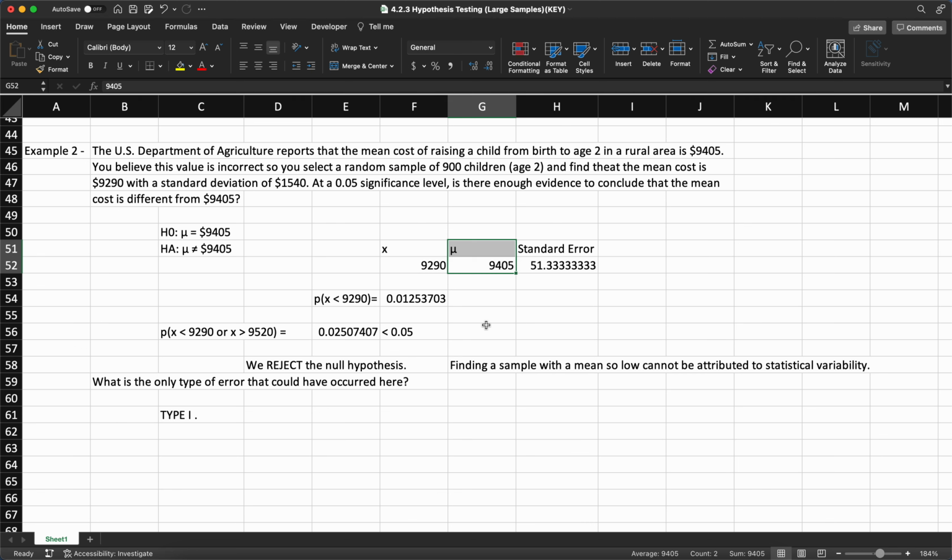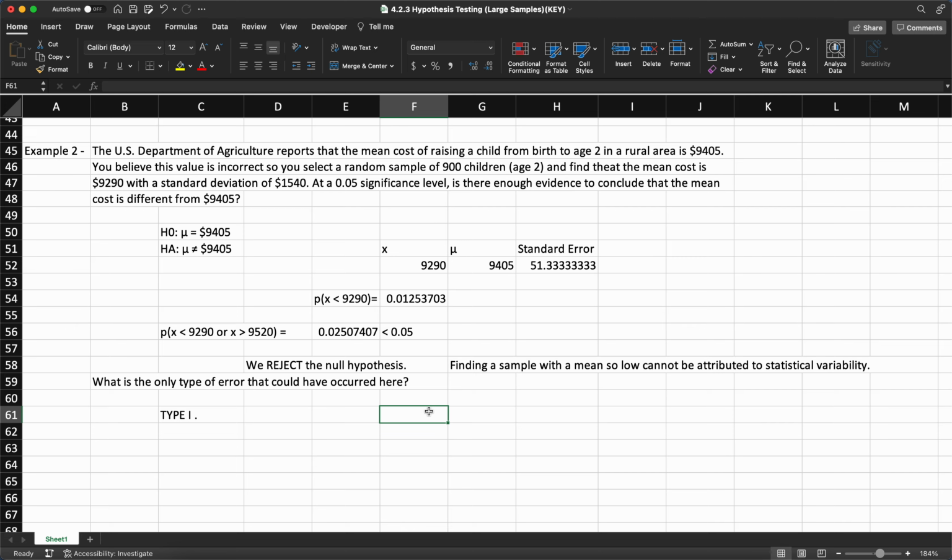So what we're basically saying is if this were normal and we took a bunch of samples, we should never expect to see anything this far away from 9405, which then tells us maybe 9405 is not the right value for the mean.